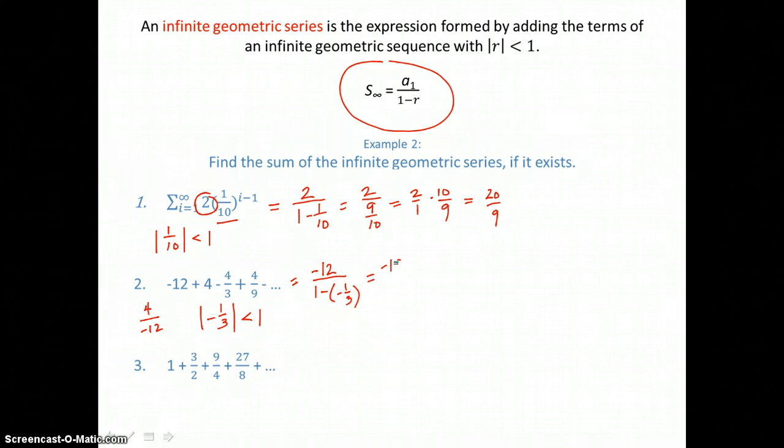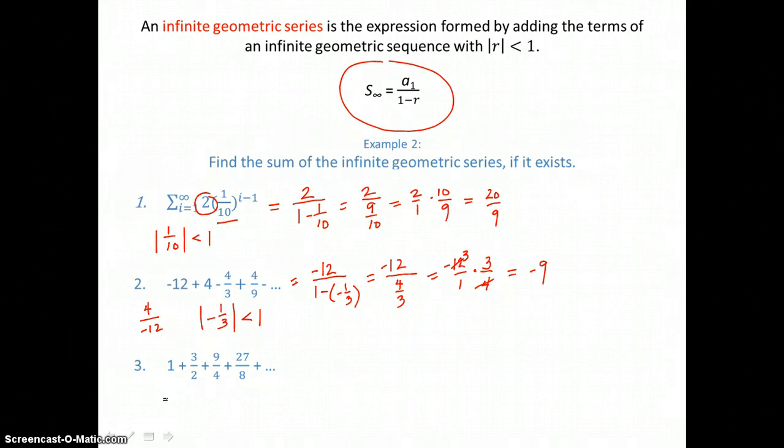So we have negative 12 over 3/3 plus 1/3, which is 4/3. And again, we'll invert and multiply. And we'll be able to cancel a factor of 4 top and bottom. So we get negative 3 times 3, or a sum of negative 9. Negative 9 is the sum of this second infinite geometric series.